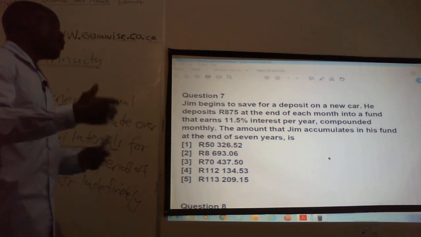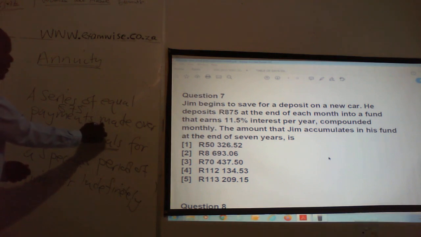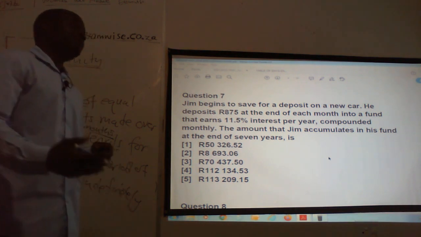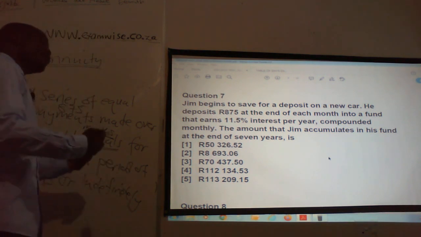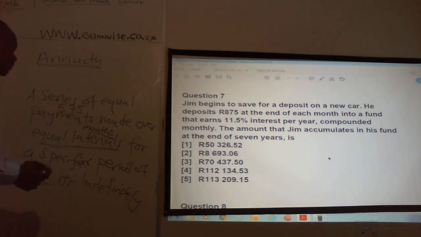Equal intervals do not only mean months. They can be days, quarters, weeks, or yearly as well.